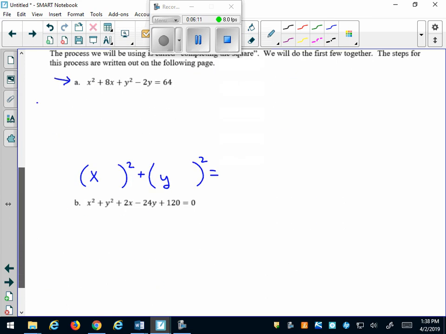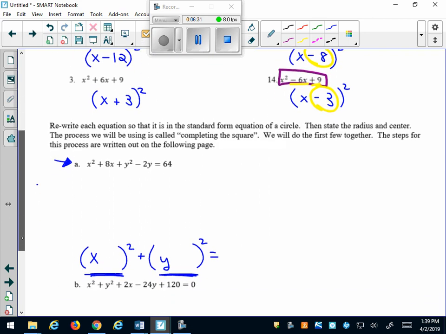So since we need a binomial squared here and a binomial squared here, we're going to take this original equation and we're going to complete the squares so that they factor to give us the right form of a circle. All right? So how do we do that?